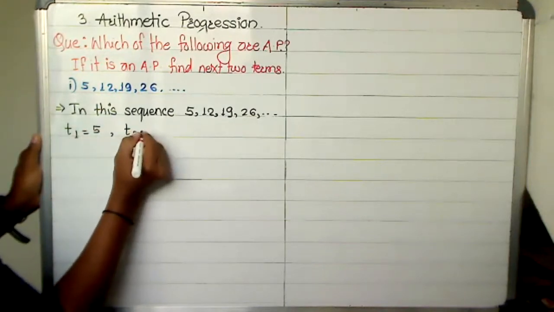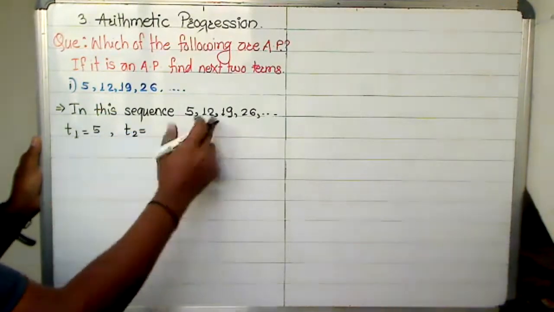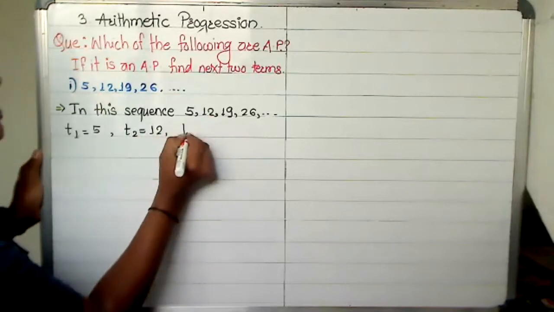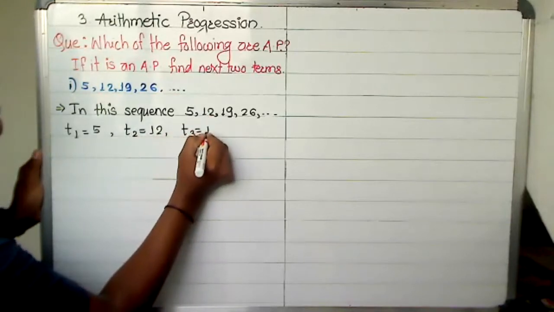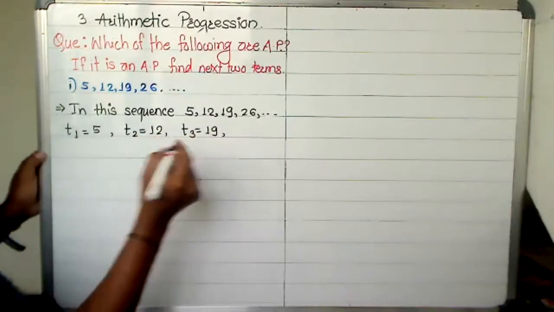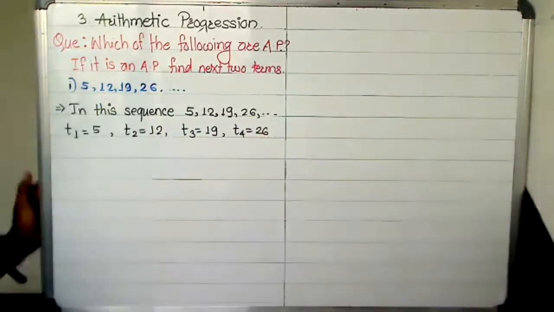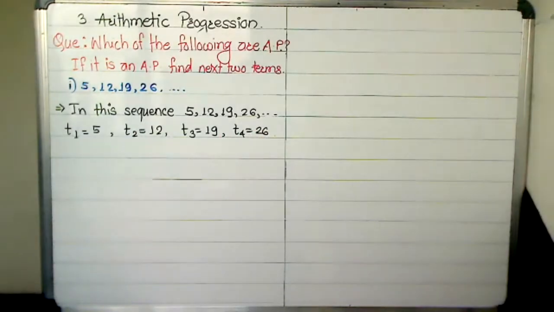Then T2, the second term, is equal to 12. Then T3, the third term, is equal to 19, and the fourth term is equal to 26. Now we have written the terms of the sequence.